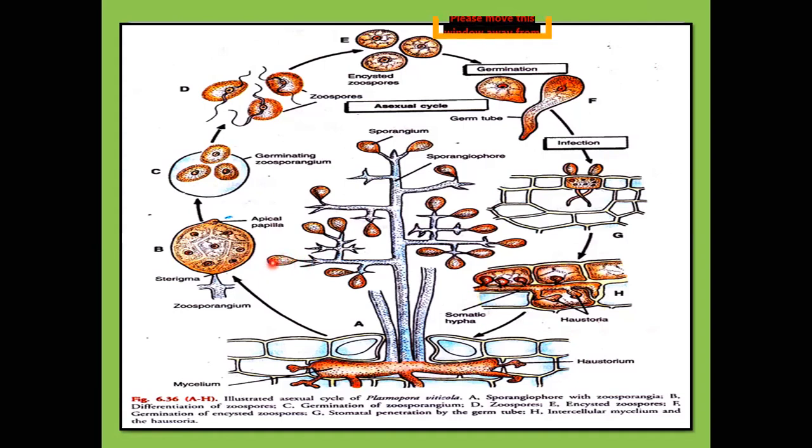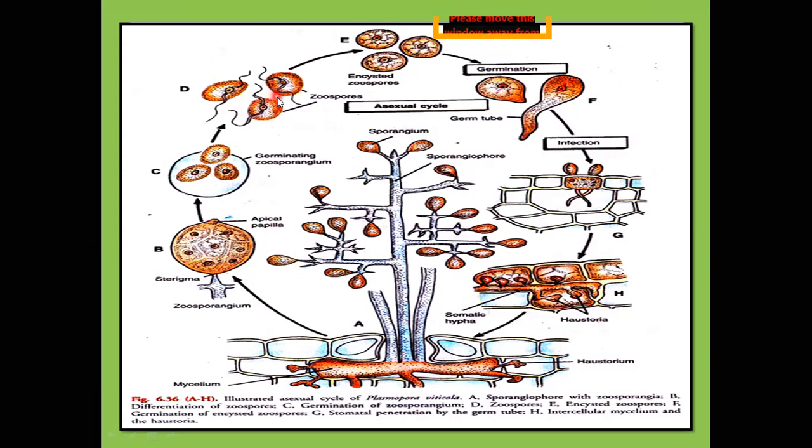This sporangium is a thin-walled, oval, lemon-shaped cell. The sporangium germinates and finally develops zoospores. Biflagellate zoospores are produced from the sporangium. The sporangium is the fruiting body of the fungus, developed asexually.